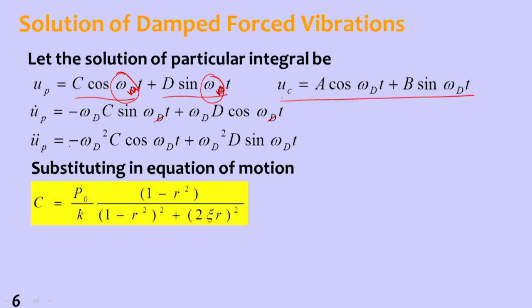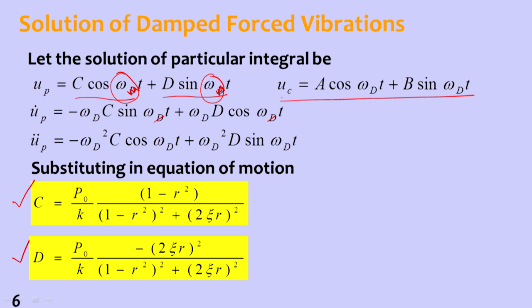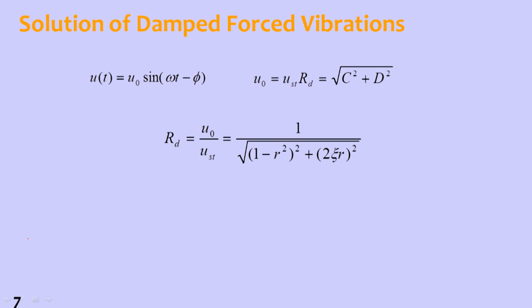Substituting in the equation of motion, we get the constants c and d. Then if we write back the solution of this linear differential equation with constant coefficients, non-homogeneous in nature, the response will be u(t) equal to u0 sin(omega t minus phi).